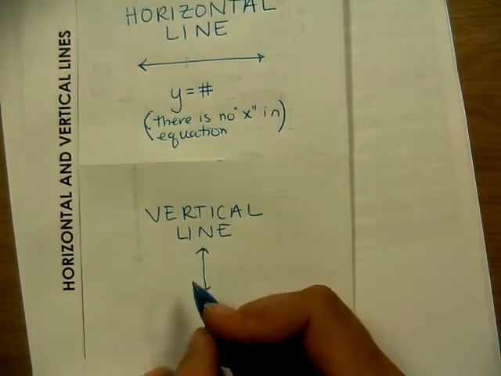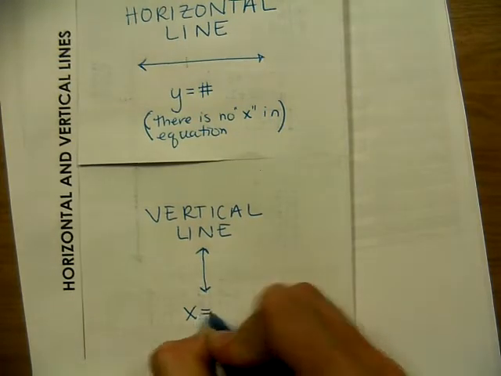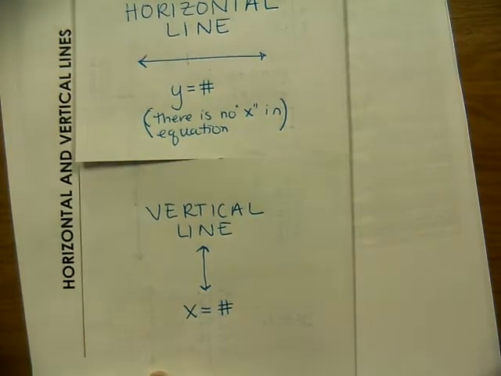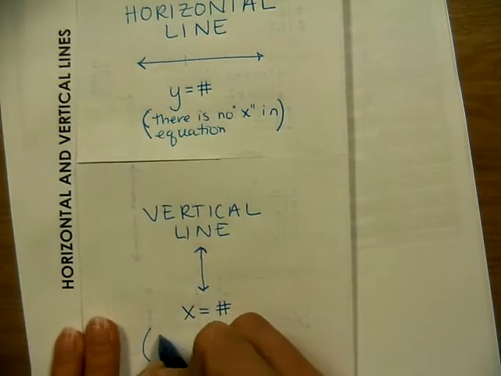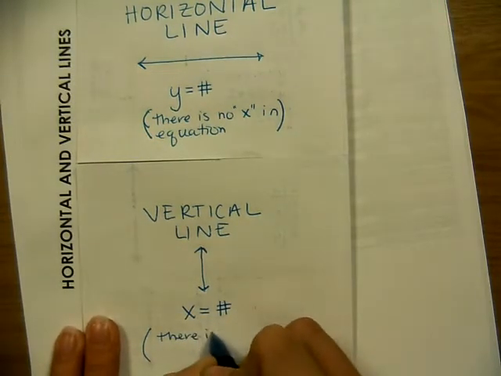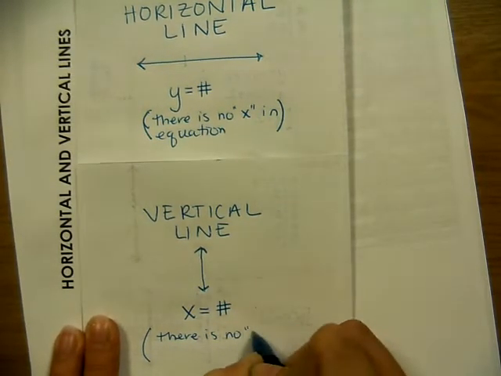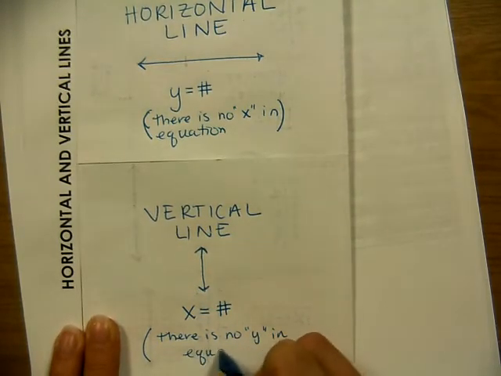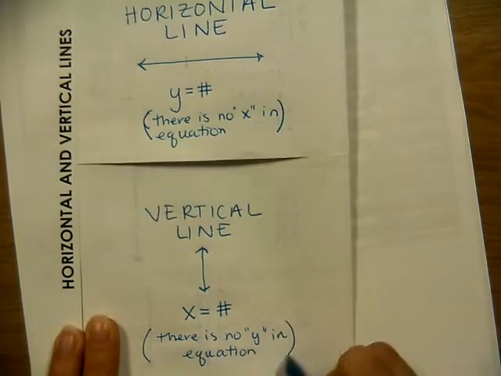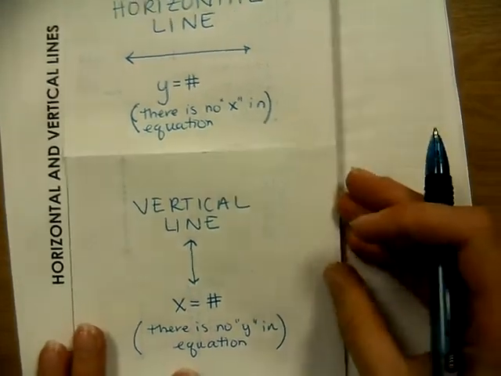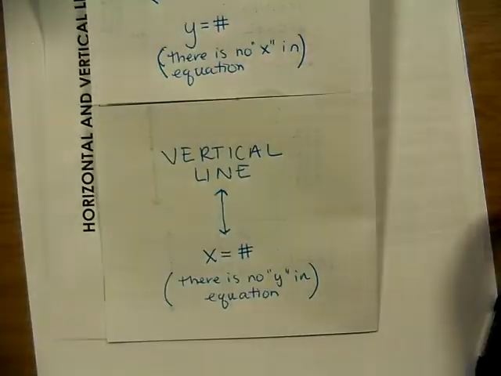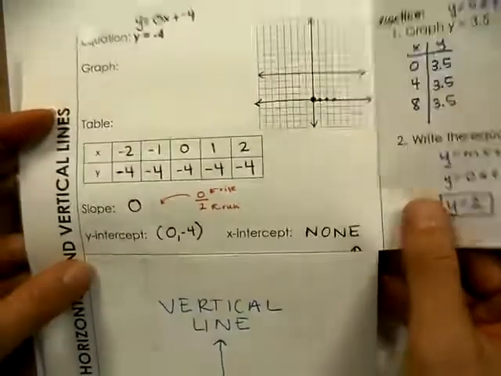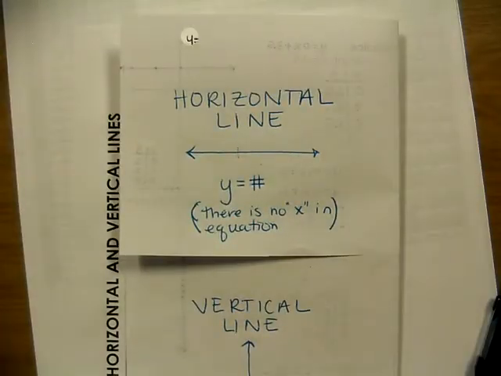If x remains constant, does not depend on y, you're going to see x equal to some number. In other words, there is no y in the equation because x is not dependent upon y. If you change y, it doesn't impact x. So now we have our vertical line. Use this foldable now to work through the rest of the problems on vertical and horizontal lines.